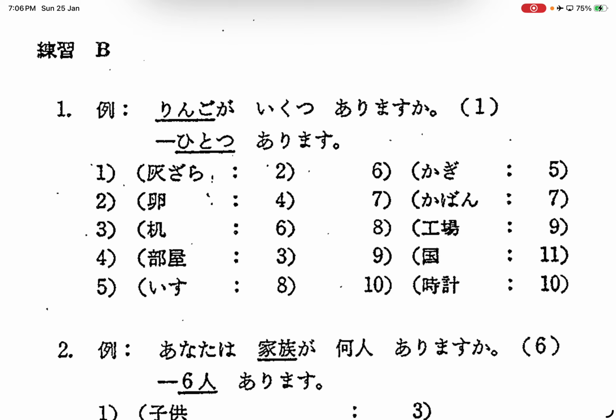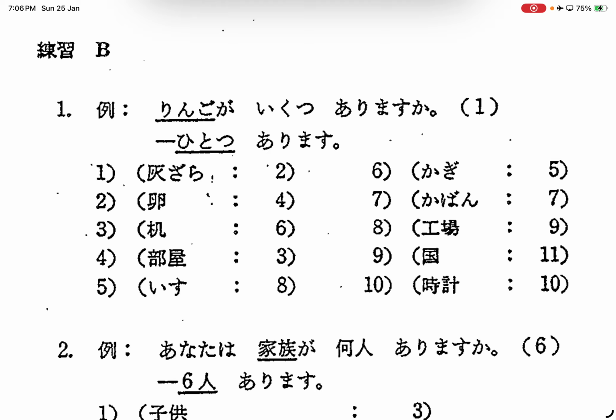Okay, number 3, 机, 6. 机が6つあります. Right? So there's no other counter for table.